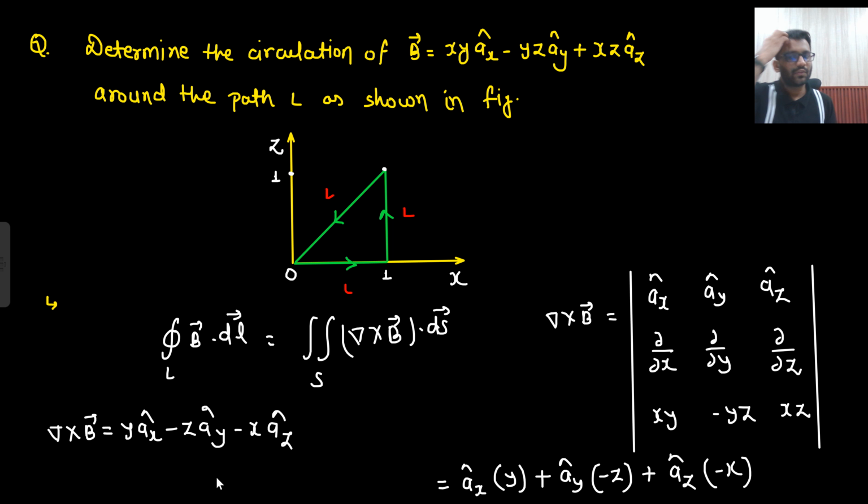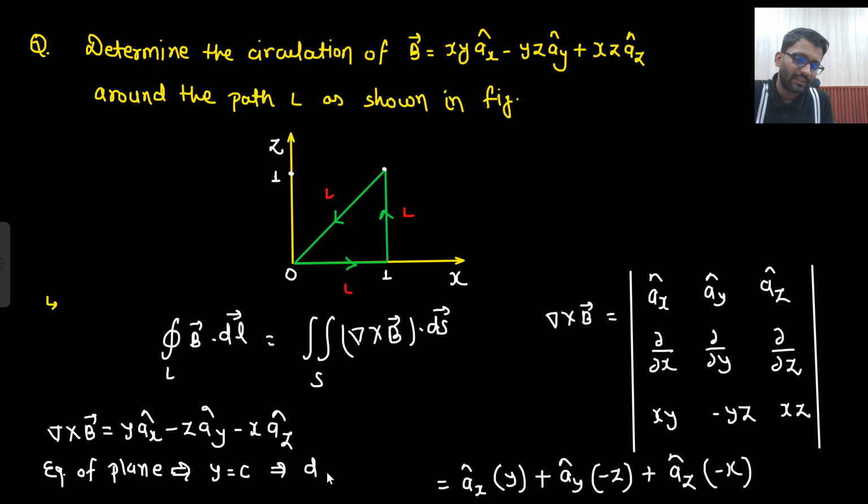What will be the equation of this surface or this plane? Y equals to constant, right? The equation will be equation of plane y equals to constant, because in this plane x and z are changing, but y equals to constant.